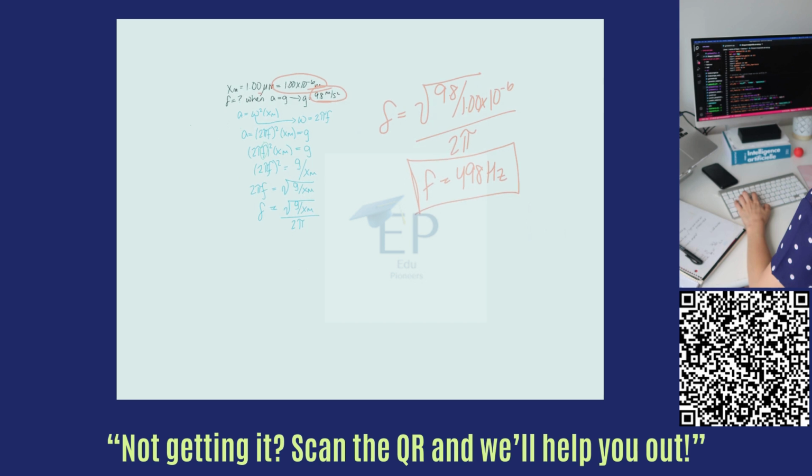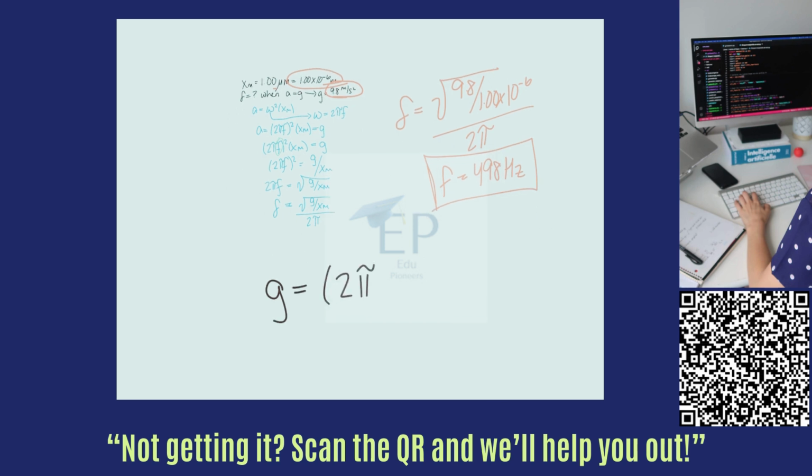If our equation is acceleration equals (2 pi f) squared times xm, the relationship here means that if we increase f, if we take this term and make it larger, then obviously this whole term is also going to increase in size, which is going to end up making it greater than the acceleration of gravity.